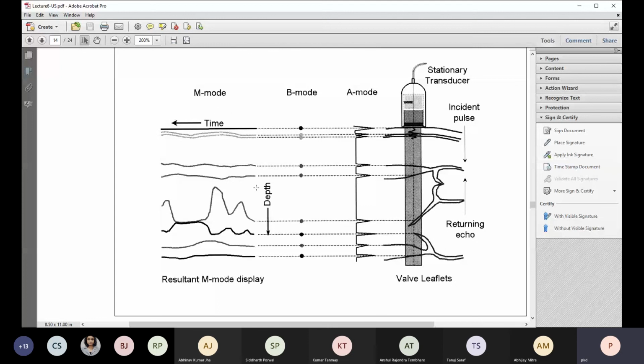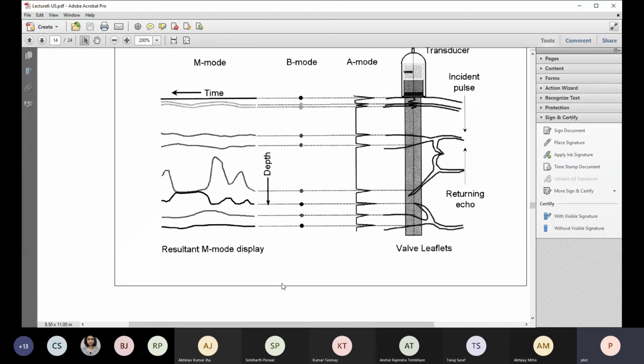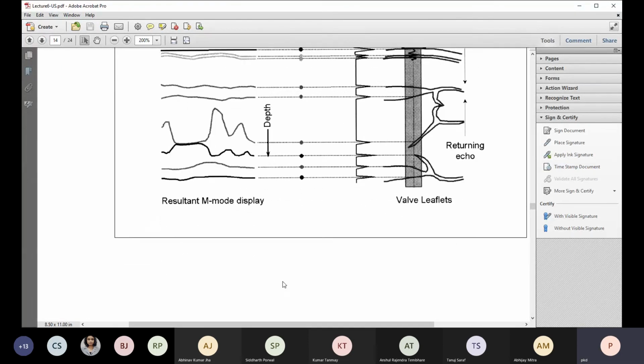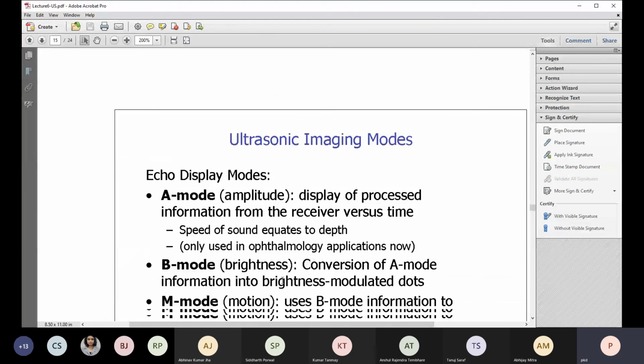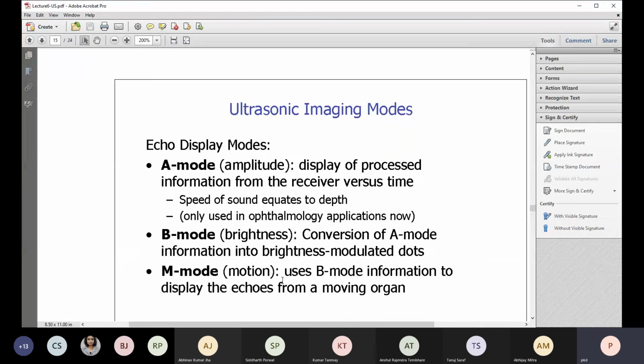M stands for motion. This is the motion mode display. A mode is amplitude mode, B mode is brightness, as the pixel brightness is proportional to the reflection component.